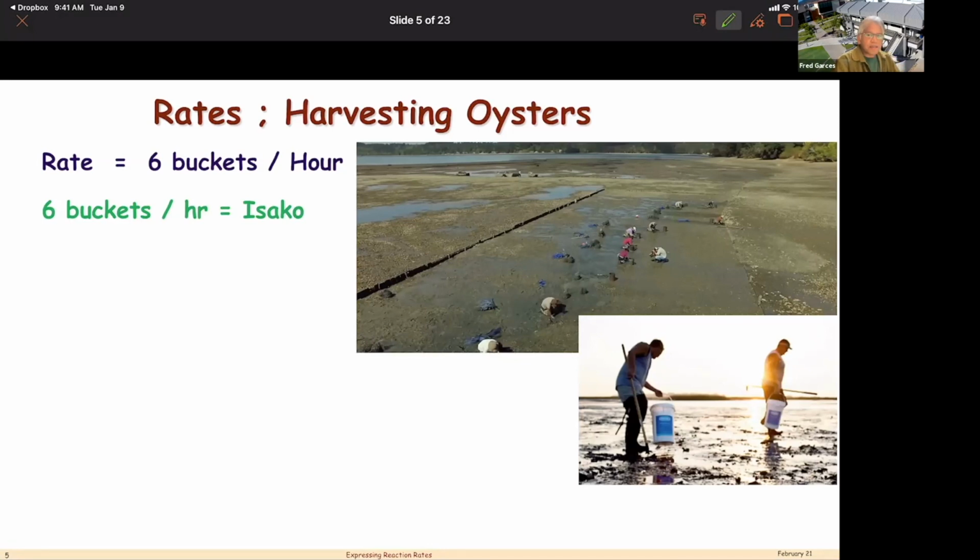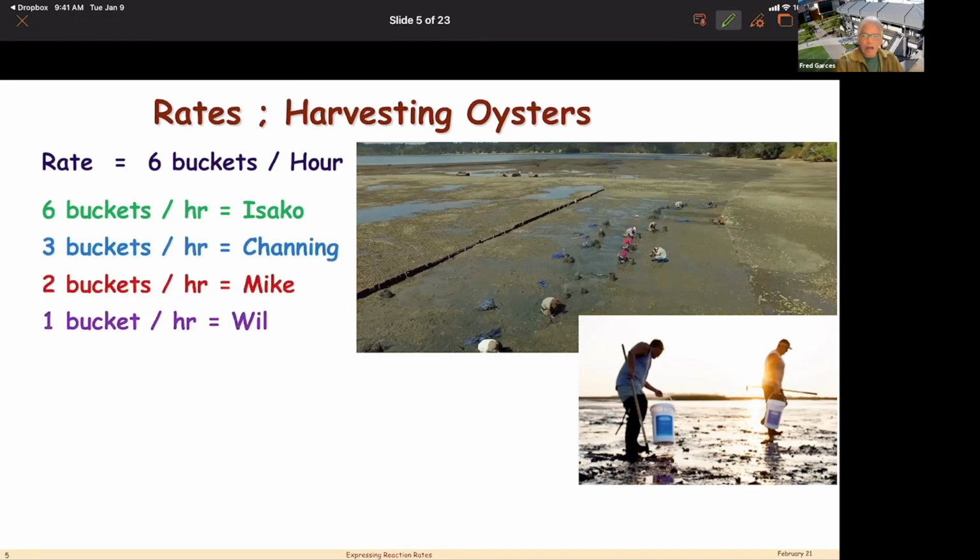He could collect 6 buckets per hour. It was pretty efficient. Another guy, Channing, okay, he could only collect 3 buckets per hour. My brother's best friend could only collect 2 buckets per hour. And my brother had an injury, so he could only collect 1 bucket per hour.